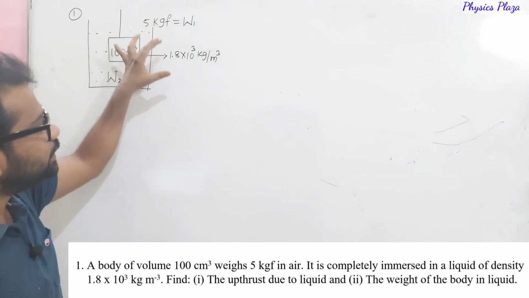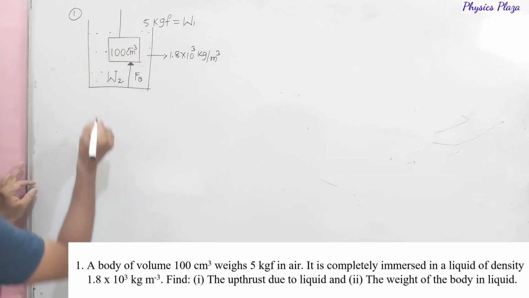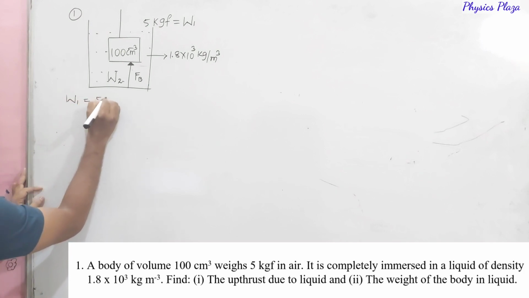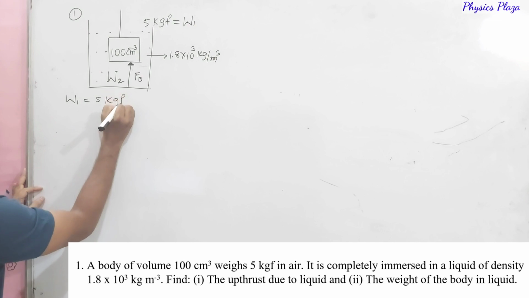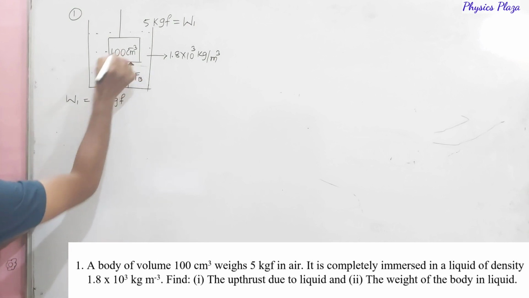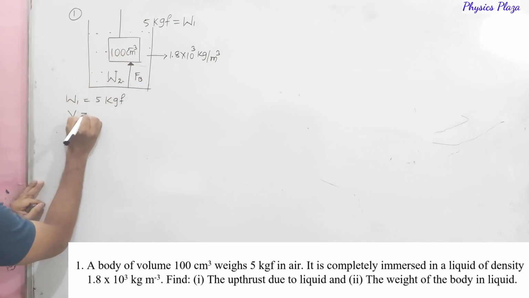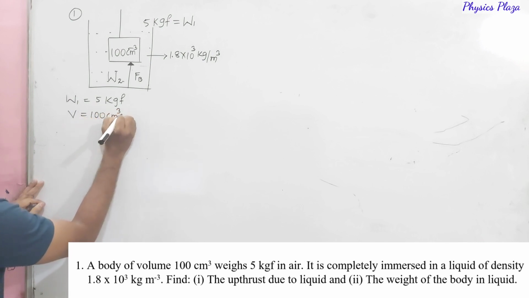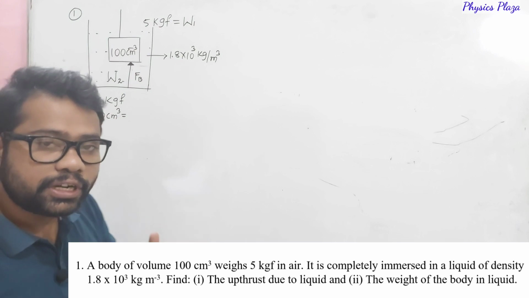Now first let us write the data in detail. Children, here W1 is given as 5 kgf. The volume of the solid V is given as 100 centimeter cube. As it is given in centimeter cube, let us convert it into meter cube.